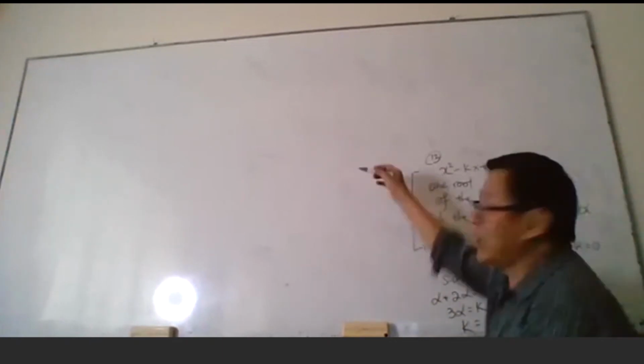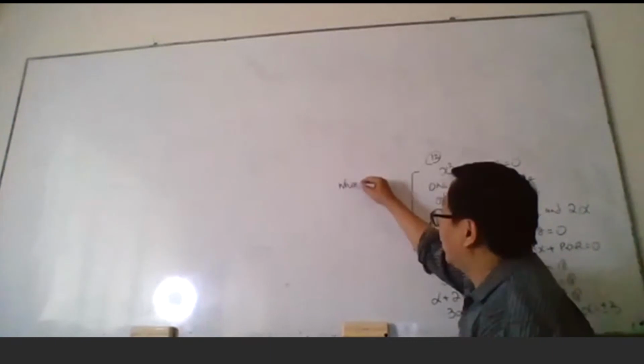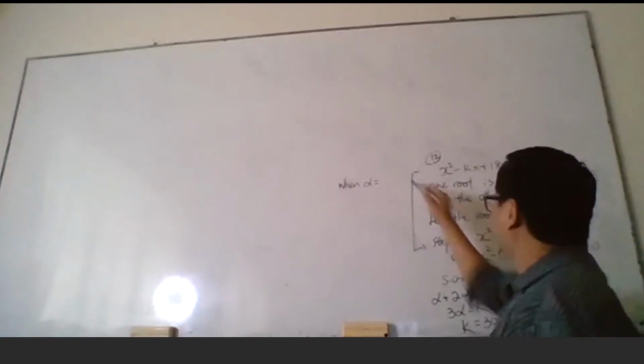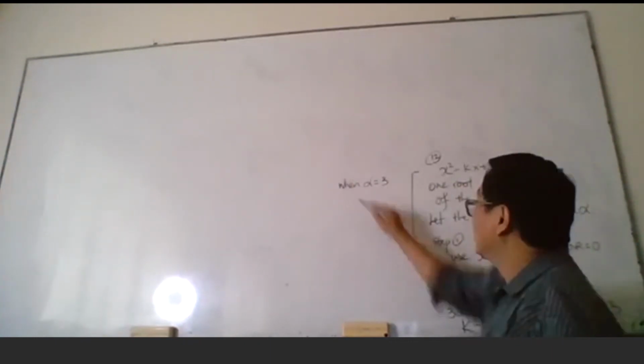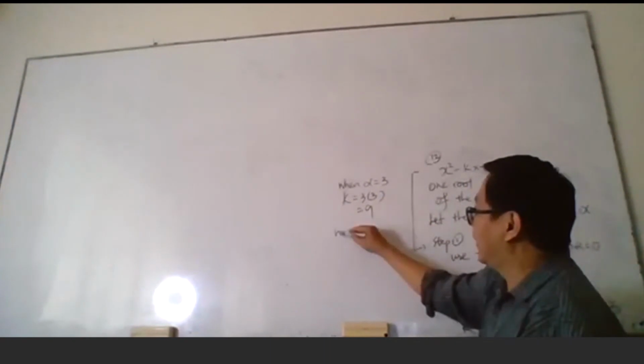Maybe I put this as 1. Another one is 2 alpha squared equal to 18, so alpha squared equal to 9, and alpha is definitely plus minus 3. So we got 2 answers for alpha. In order to find the value of k, when alpha equal to 3, k will be 3 times 3 equal to 9.